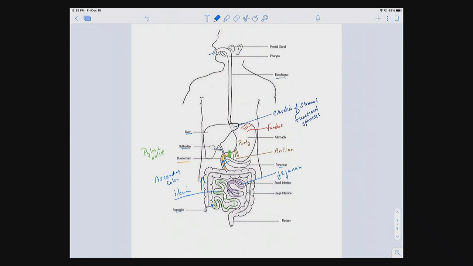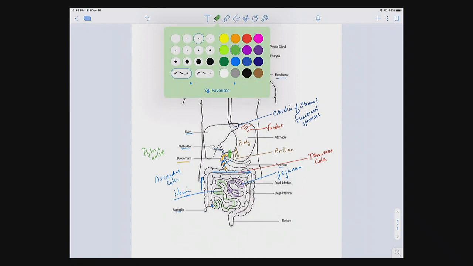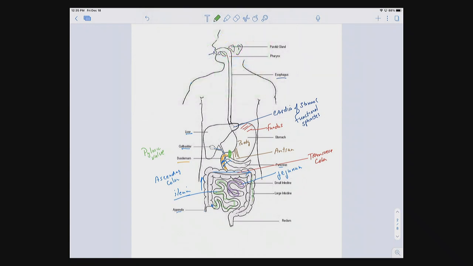And then the food then transverses the body, which is why we call this the transverse colon. And we'll go a different color here. We'll say right there, transverse colon. And then lastly, we will have the descending colon, where food is going down.